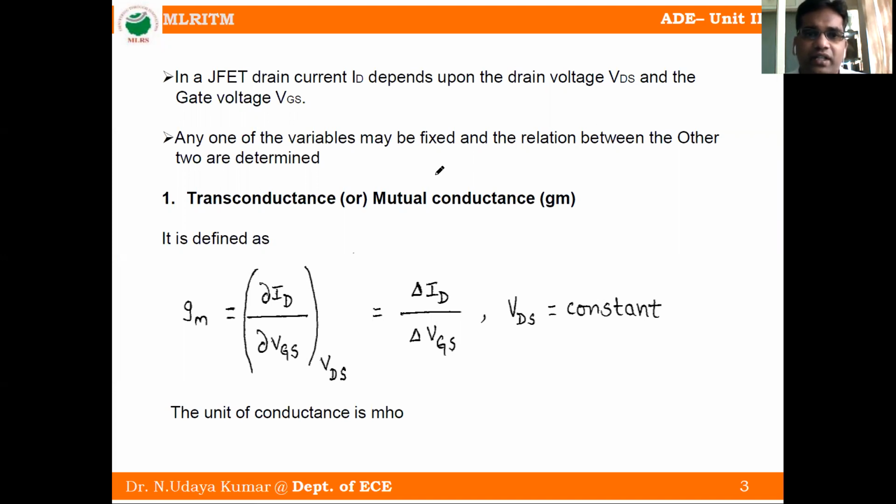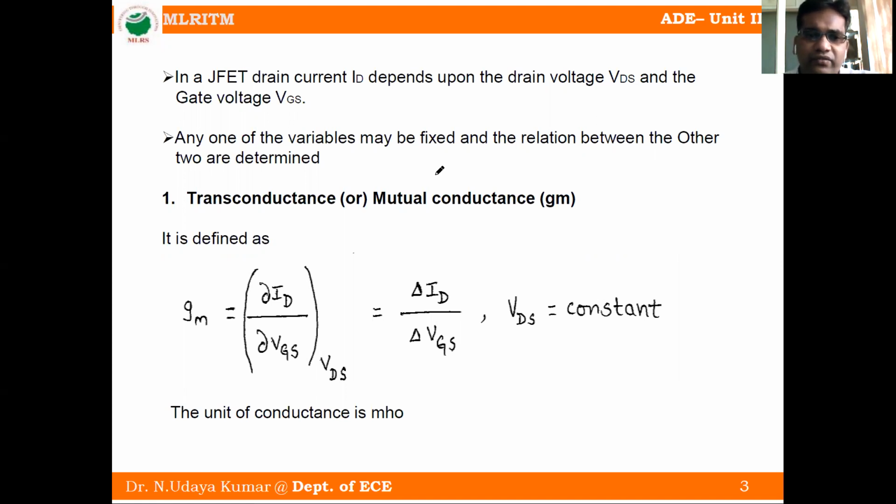In JFET, the drain current ID depends upon the drain voltage VDS and gate voltage VGS. Any one of the variables may be fixed and the relationship between the other two variables is determined.